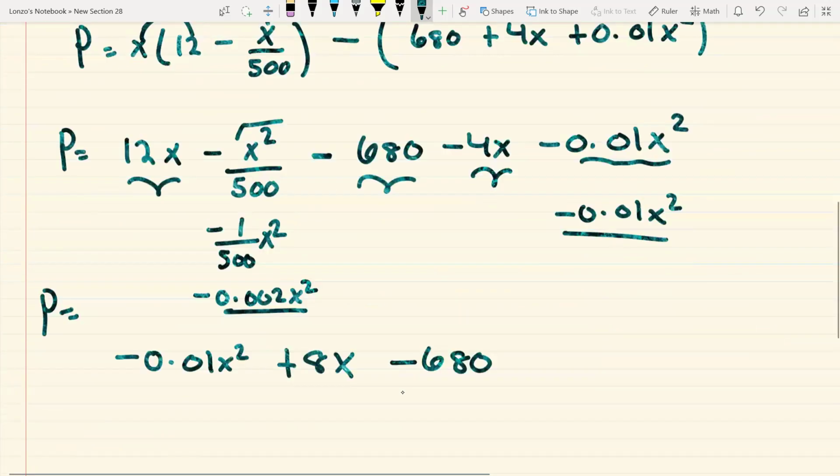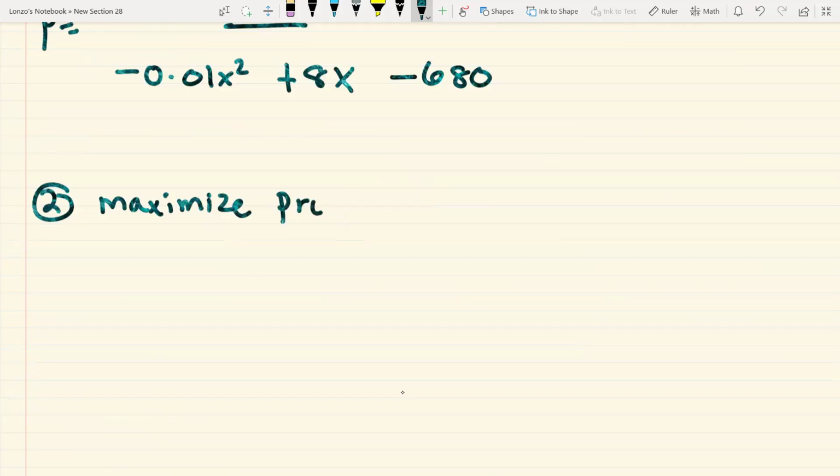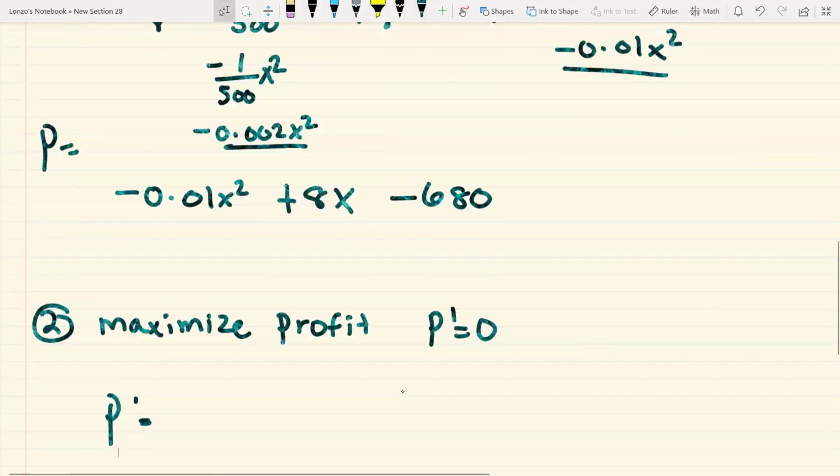Now what we have found is our profit function. Now we've got to take the first derivative and set it to 0. So take P prime, set it to 0. P prime is basically the derivative.